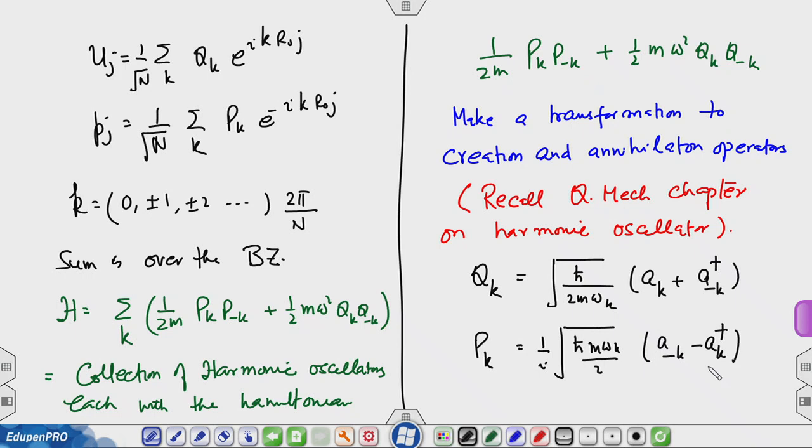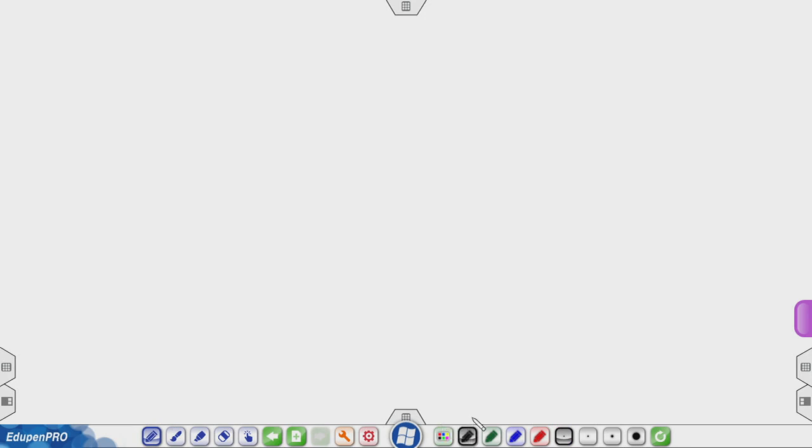This is how I am going to define these operators, and they are defined in this particular way, so that they have specific properties. And what are the properties? We will see in a minute.